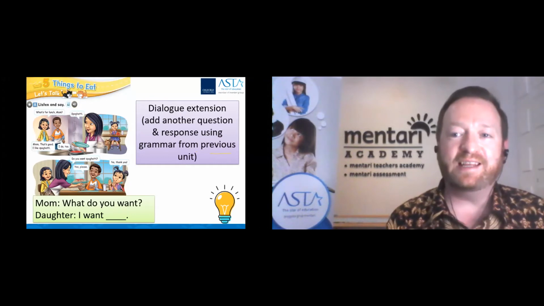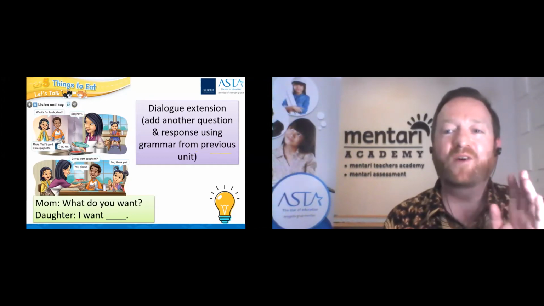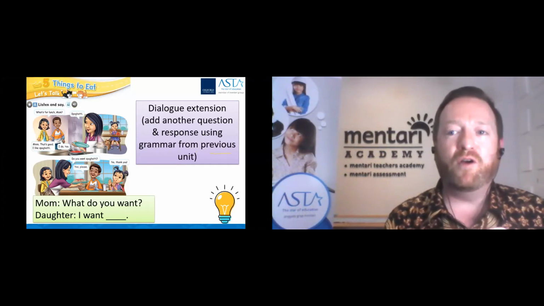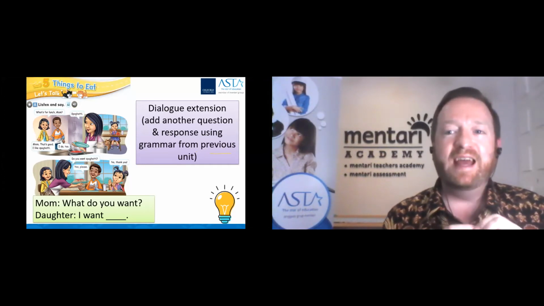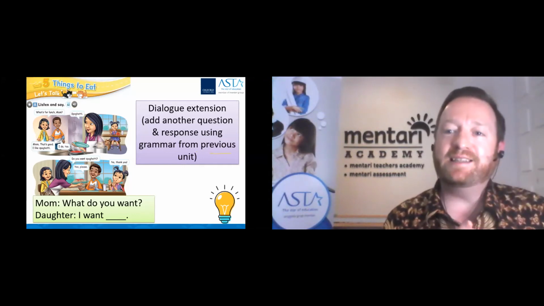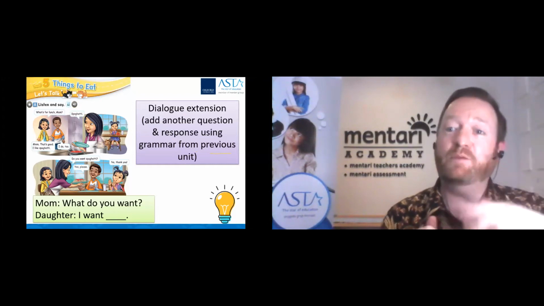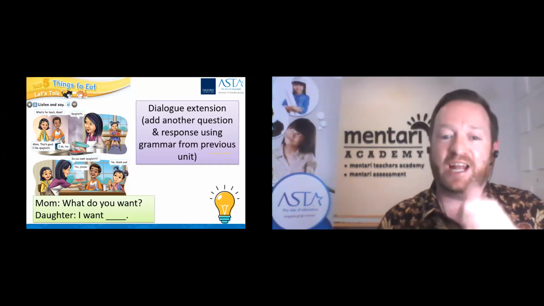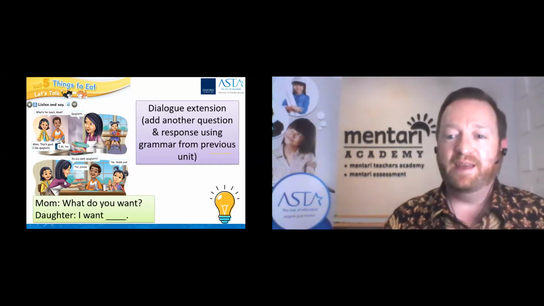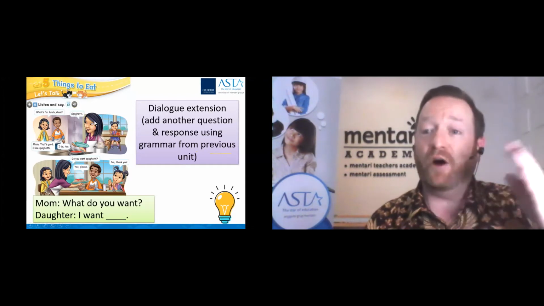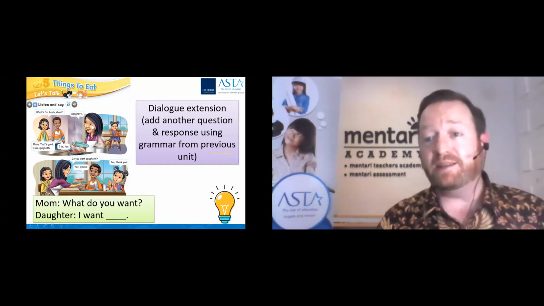I'll share the link later. You can access all of the table of contents or scope and sequence for all of the Oxford books. So if you're teaching grade 2 this year, you can look at the table for book level 1, and you can see what grammar they should already know. So it's always a good idea to check the year before.